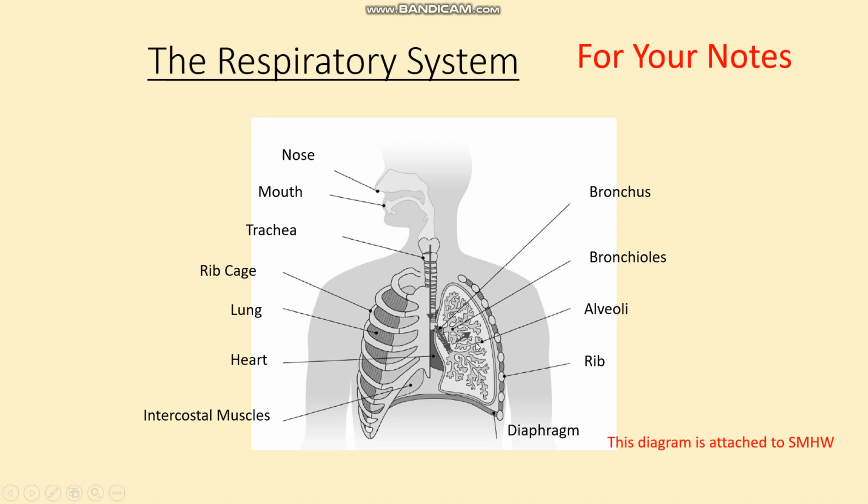Again, something that we met in a previous topic. So the pathway then is nose, mouth, trachea, into one of the two bronchus, into the smaller bronchioles, towards the alveoli, which are close to blood vessels, and that's where you get the transfer of oxygen into the blood and carbon dioxide out of the blood.